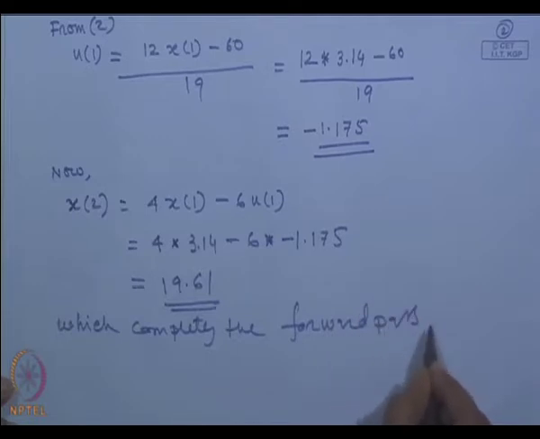So, first we have done the backward pass. Once we complete the backward pass, that means J 2, because terminal cost n is equal to 2 is J 2, you got it, we have no terminal cost. From J 2 to J 1 we found out by selecting the optimal choice of u of 1.